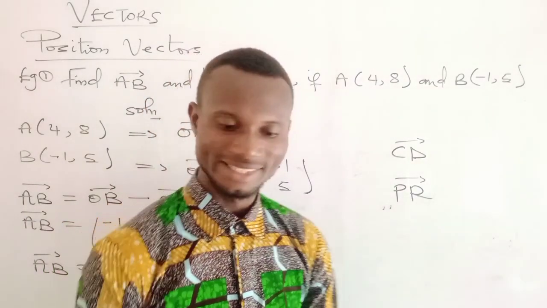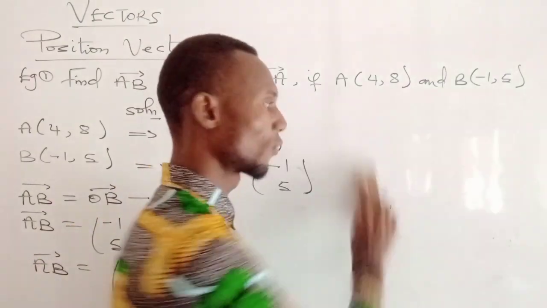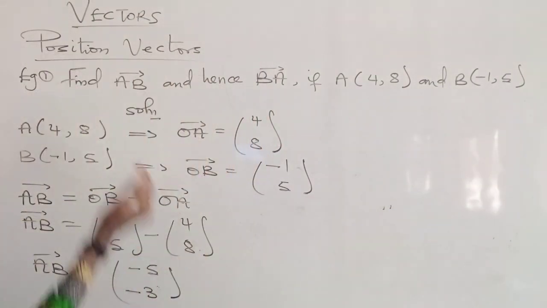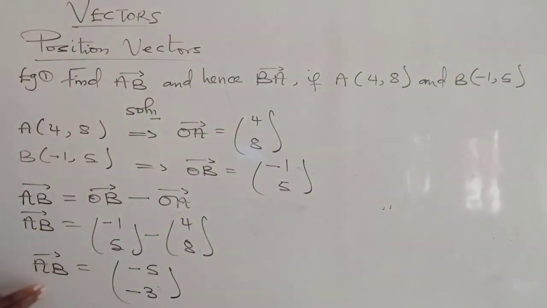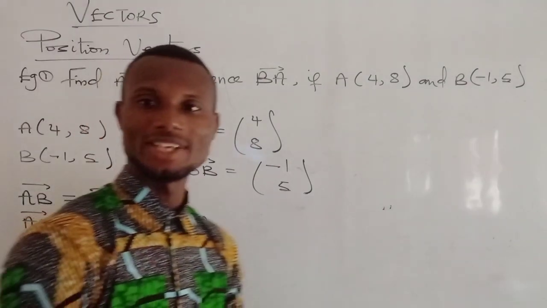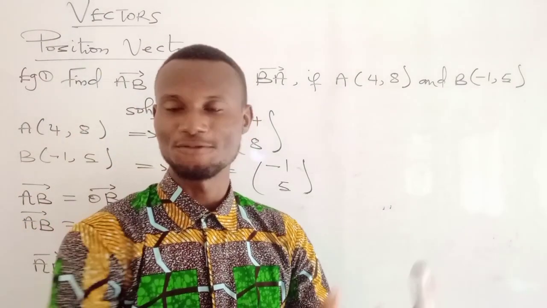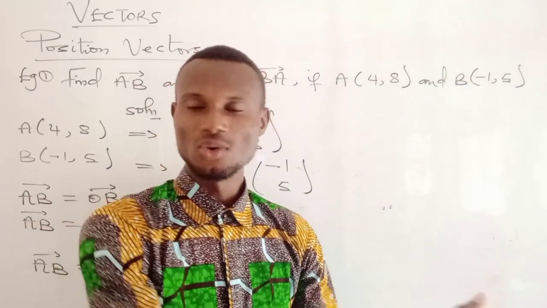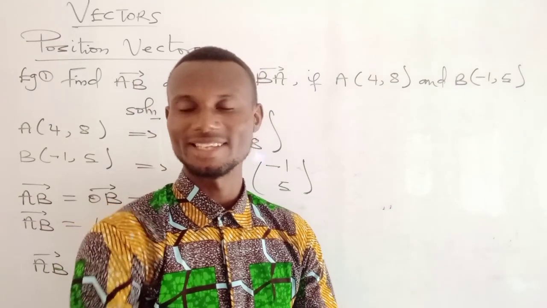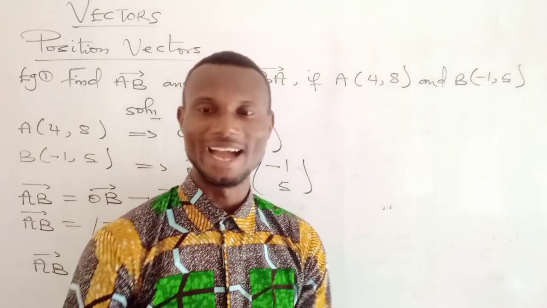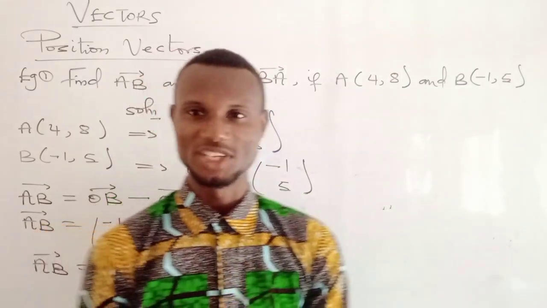So now you can see from the question that we have AB, we found AB here to be -5 -3. And the question is now asking us to hence find BA. You can see that BA is just the inverse of the vector AB. I hope you can agree with me on that.